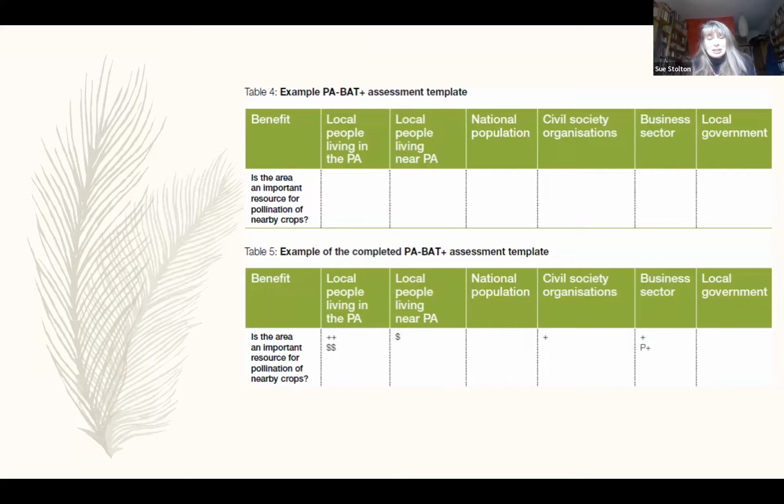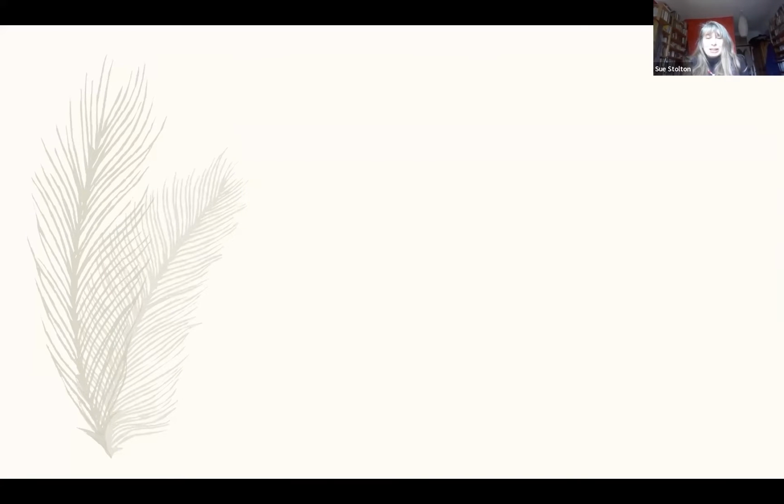And then in the second little table there, you can see that we have this really simple assessment system where basically 1+ means that it has a small amount of non-economic benefit, 2+ means it has major, one dollar sign means that there's a minor economic impact, and two dollar signs means that there's a major economic benefit, and plus the P is potential. So how we get to making these assessments is through workshops with stakeholders.